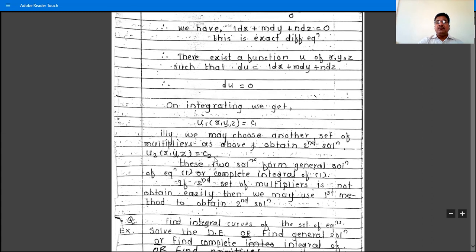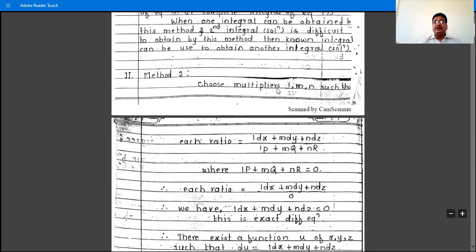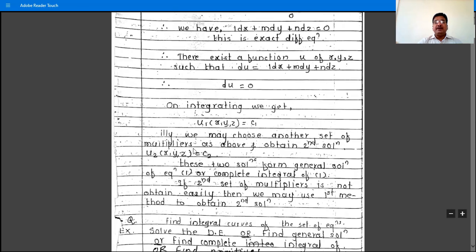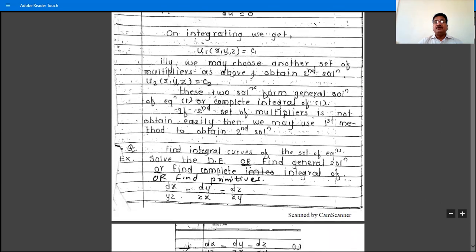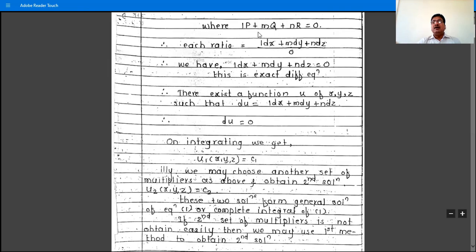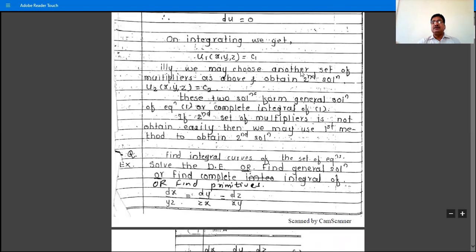Then, in order to find the second solution of such a differential equation, we apply the same procedure. We find another set of multipliers L, M, N, but the new multipliers must be linearly independent of the first multipliers L, M, N. So find another linearly independent set of multipliers as above, using the same procedure: find L, M, N such that LP plus MQ plus NR is equal to 0.